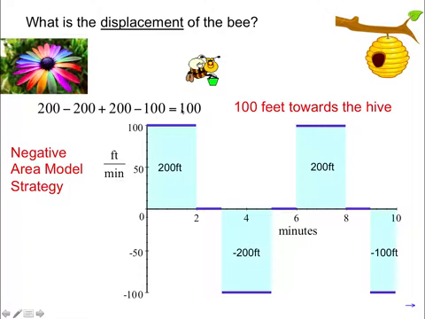The resulting displacement is 100 feet, and this bee is flying back towards the hive. So this physical quantity of displacement is the actual values of the integration.